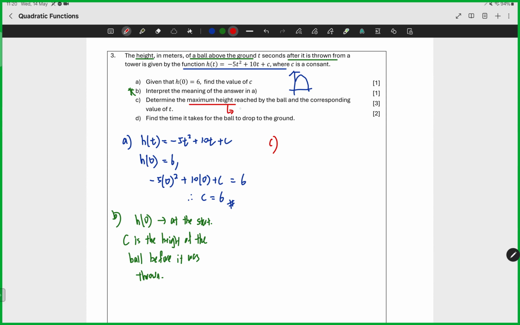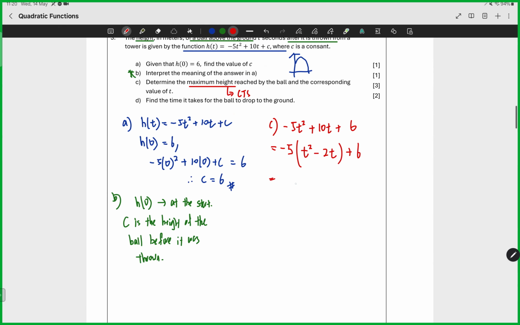So that means this is about completing the square. Okay, so -5t² + 10t + c, oh sorry, not plus c anymore, right, plus 6. So equals to, take out -5, t² - 2t + 6. In order to complete the square, -5(t² - 2t + 1 - 1) + 6, since 1 squared is still 1.